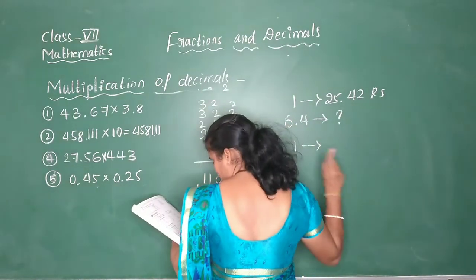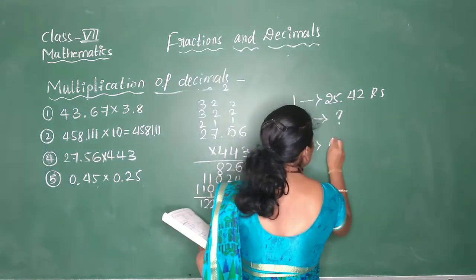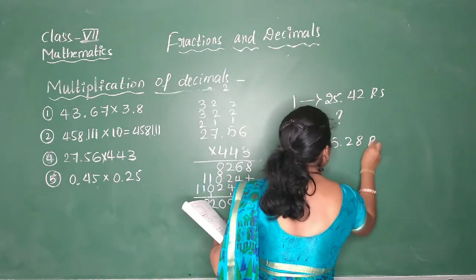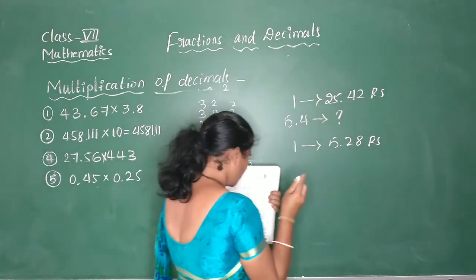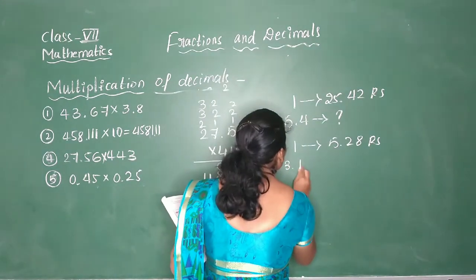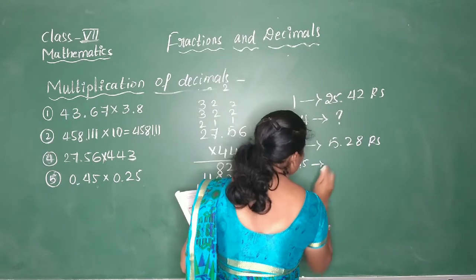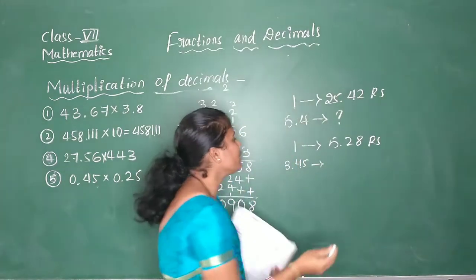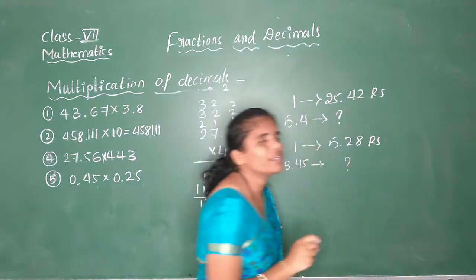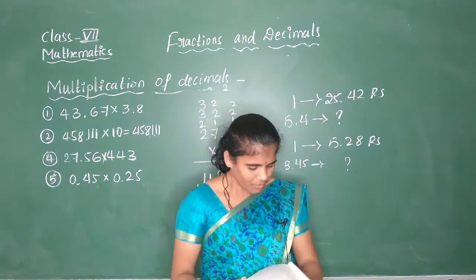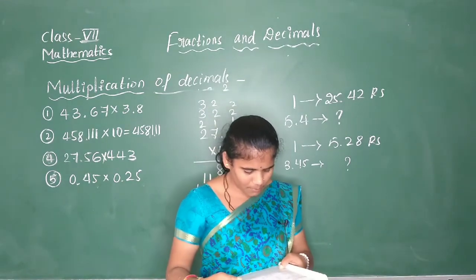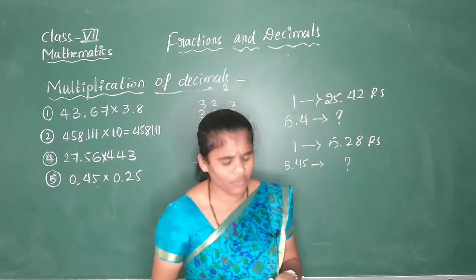For 1 hour 5.28 rupees to see the television, means find for 3.45 hours. Okay, find how much amount he has to pay to see the television.